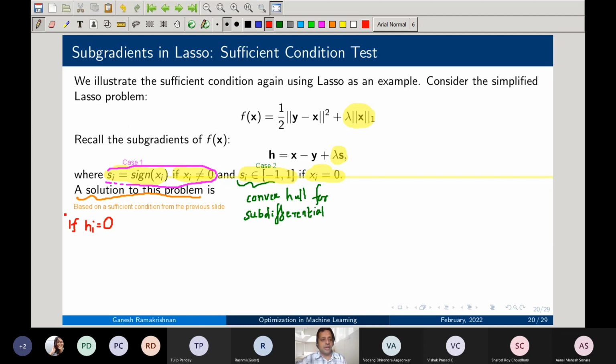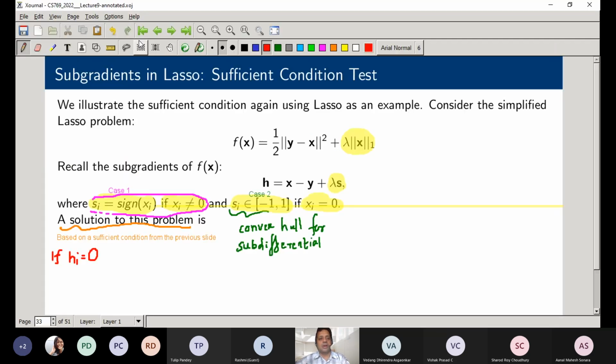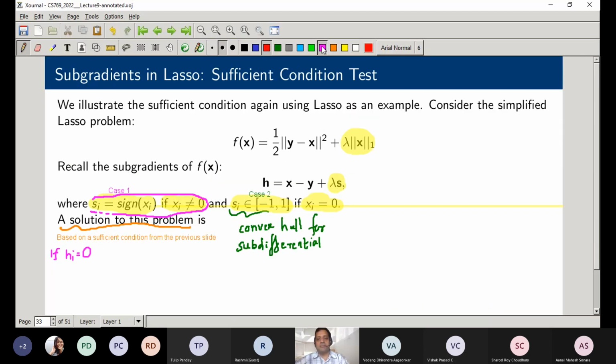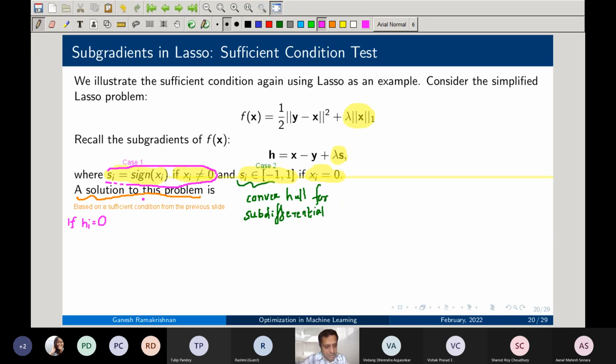Let me use the pink color itself. So I'll have two cases within case 1. If hi is equal to 0, and let's say xi is greater than 0. You can help me: if hi is equal to 0 and xi is less than 0.